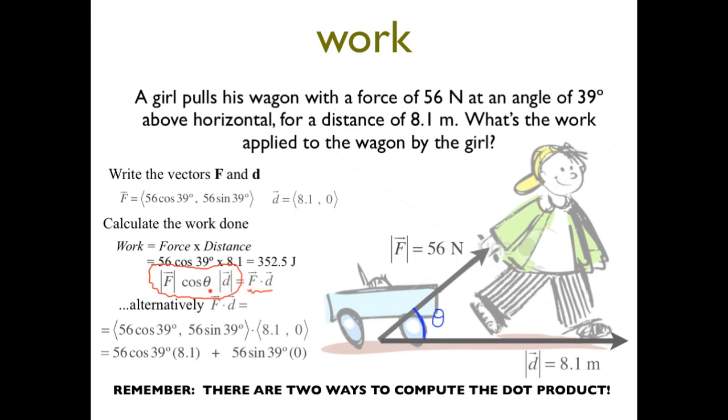So the dot product is a way to solve for the angle between two vectors if you know the two vectors. You use the two different ways to compute the dot product and then isolate. It's going to be inverse cosine of the dot product divided by the product of the magnitudes. Any questions on that?